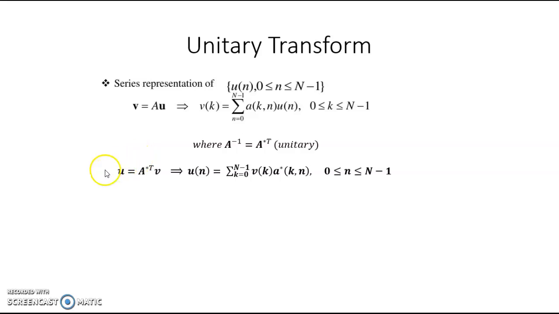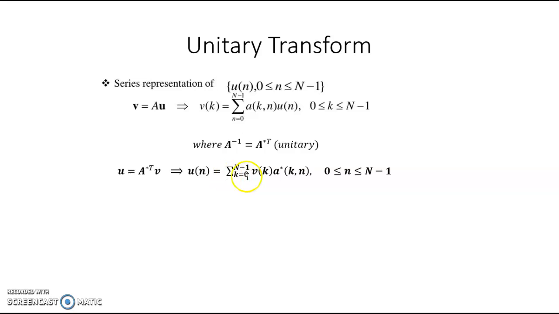Similarly, I can write down the inverse. If I have v equal to A into u, u will be equal to A inverse into v, where A inverse equals A conjugate transpose. So I can rewrite the expression as u equal to A conjugate transpose into v.